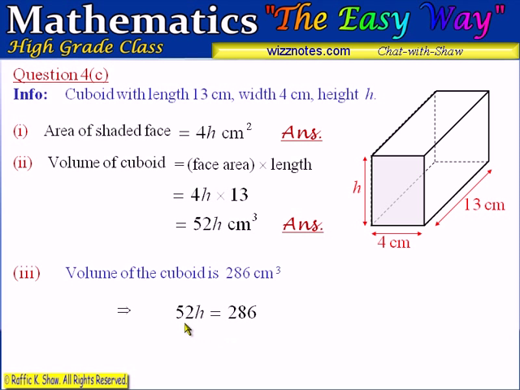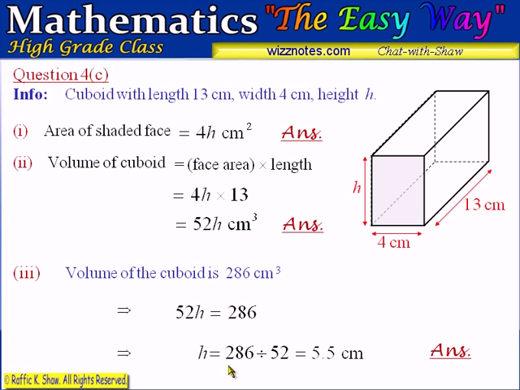So we can go ahead and equate those two things, the 52h and the 286. And then if we divide by the 52, we end up with h being equal to 286 divided by 52, and therefore the height is 5.5 centimeters. The h is actually 5.5, right? But the question asks us for the height.